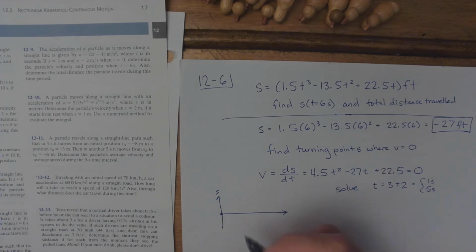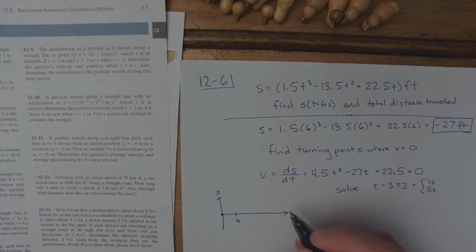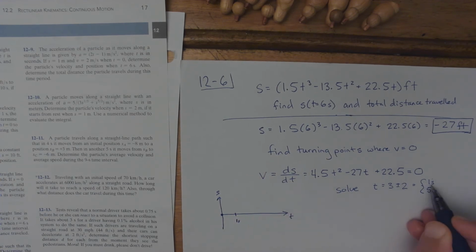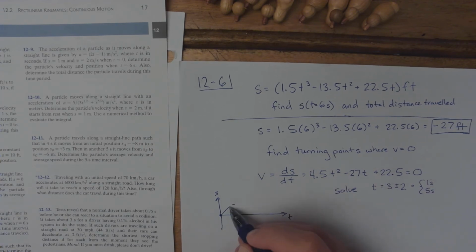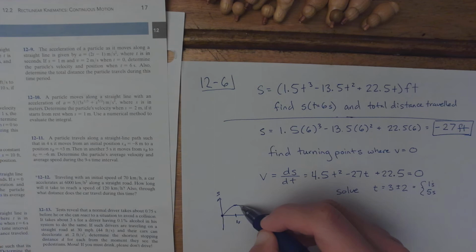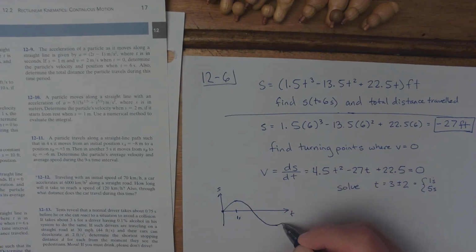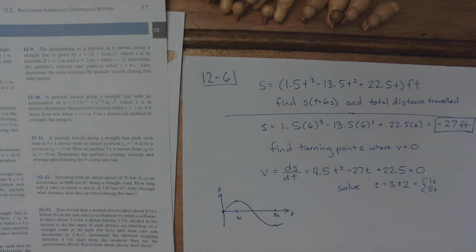And then the position becomes positive. At 1 second, the slope is 0. So we have to have a slope of 0 here. We turn around, we're going to cross somewhere, and then at 5 seconds, again, we have a slope of 0. So the graph has to look something like that.